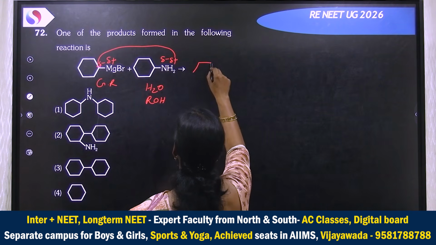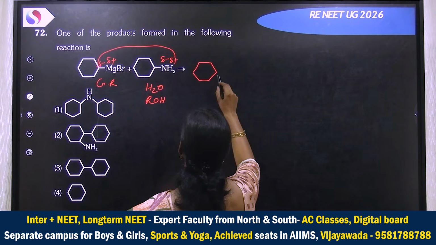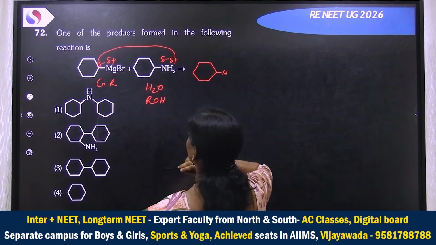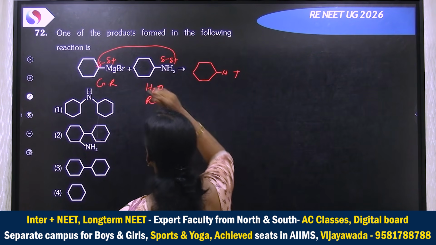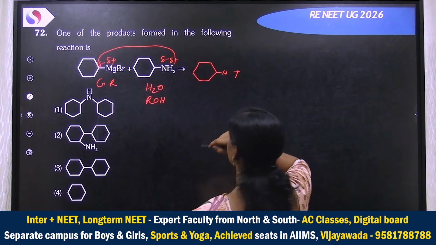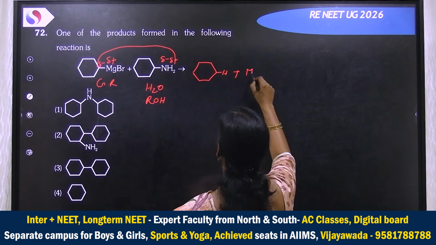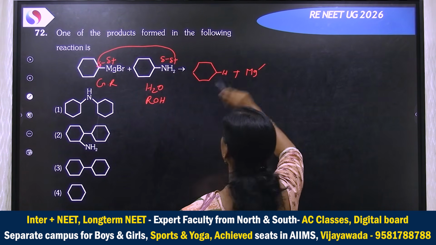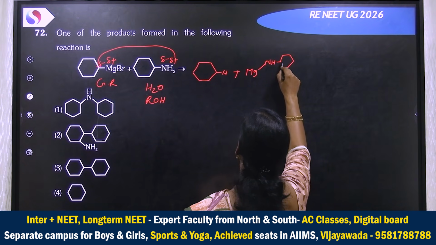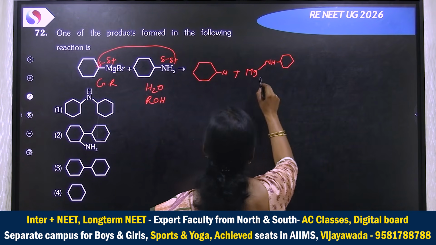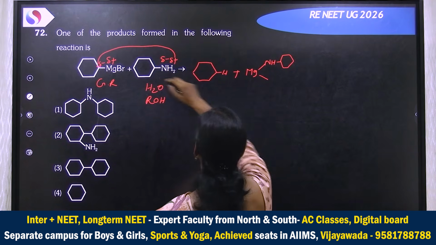So the product is cyclohexane plus, and the remaining negative part, NH minus, is attached to magnesium, MgNHBr.